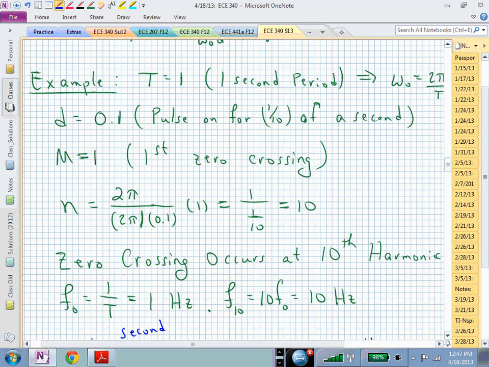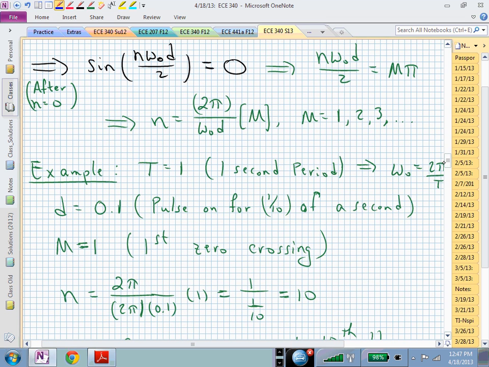Now, in terms of the frequency domain, when is it first going to go through 0? At what value of n? Where's the first 0 crossing? And so we can set this expression, which maybe I've scrolled beyond, but up above, we want to know, when does 2 pi over omega naught d times 1, what's that n value?